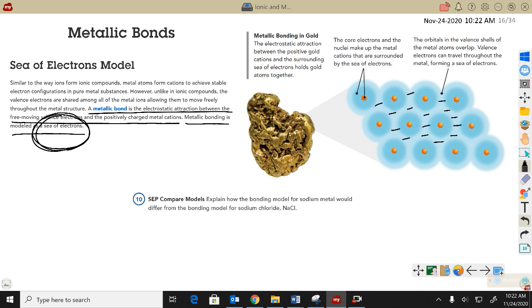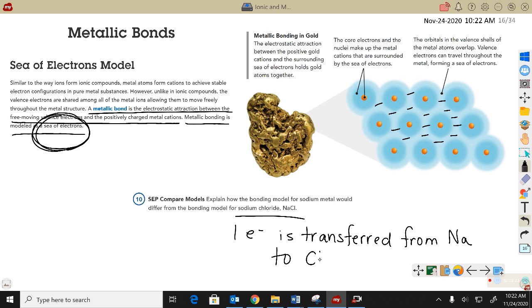For example, in question 10, when we think about the bonding between sodium and chlorine, we know that in sodium chloride, one electron is transferred from sodium to chlorine. Sodium's got one valence electron. It gives away that one, and we know exactly where it's going. It's going to the chlorine.